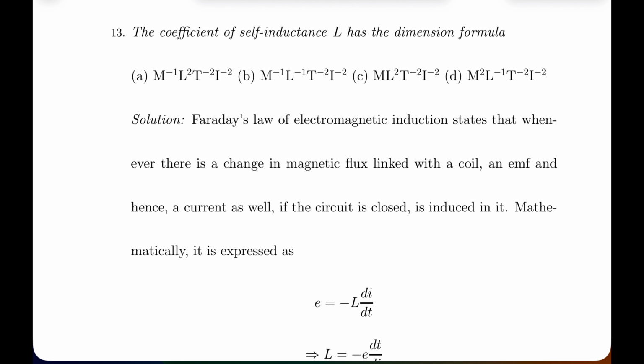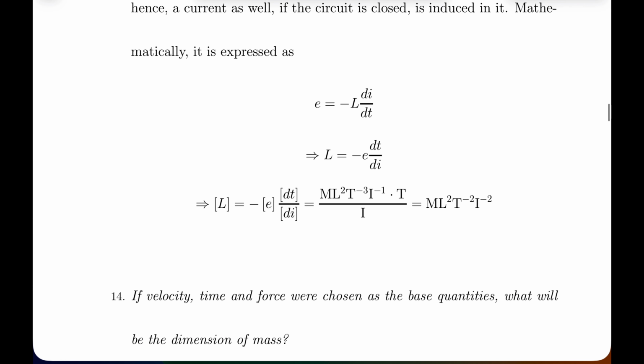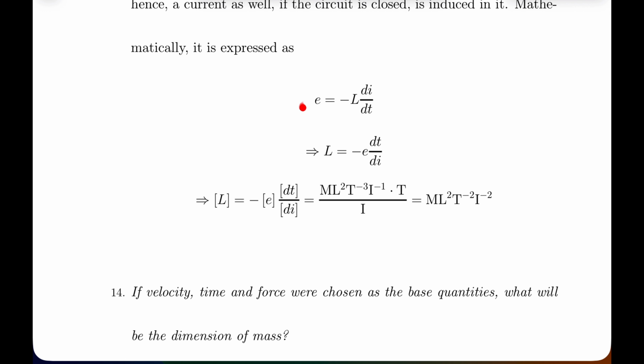Mathematically, we express it as a small e, which stands for back EMF, is minus L di upon dt, where L is the coefficient of self-inductance. This is equal to minus E times dt upon di. Okay? We put the different quantities appearing in this equation in square brackets to find out its dimensional formula.